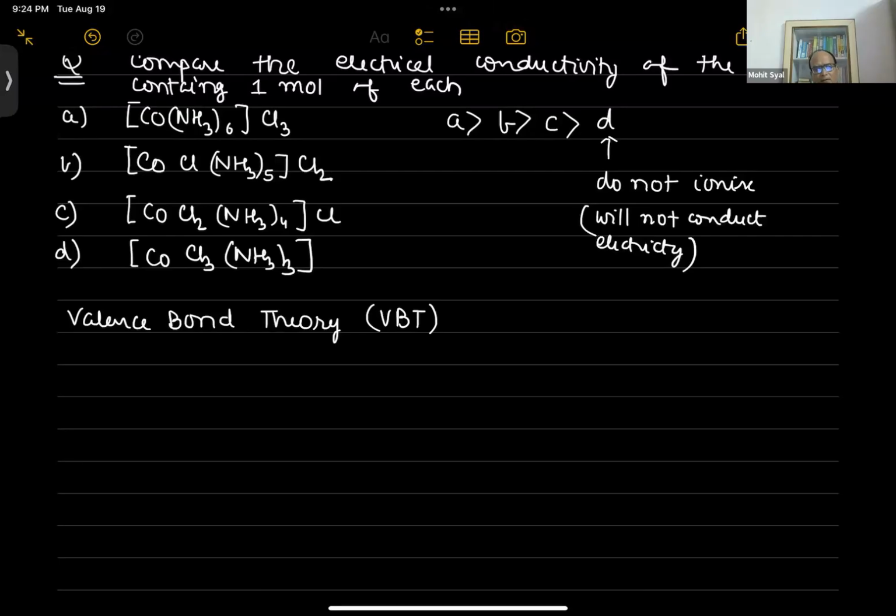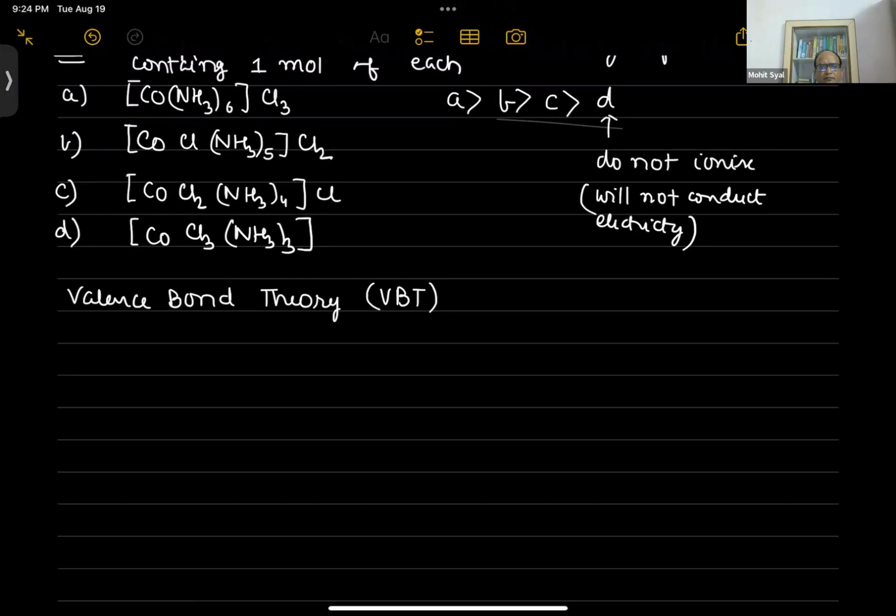This is the same theory which we discussed in class 11, and it explains how bonding happens between the metal atom and its ligand. We are going to study it again, now from the perspective of coordination compounds.